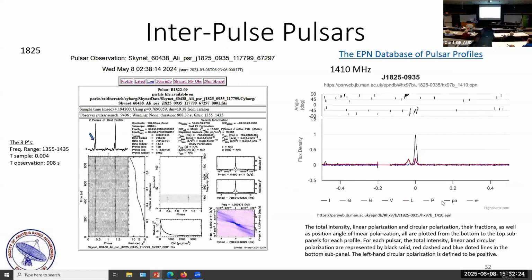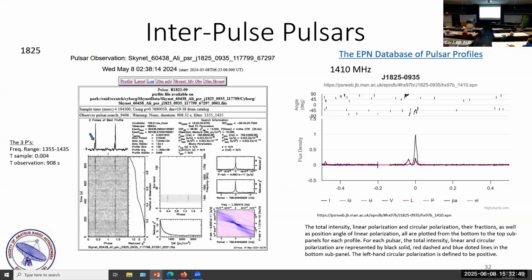The next one I thought was very interesting. Here's one where I think the blue point is the interpulse, as in the European pulsar database, plus the names.